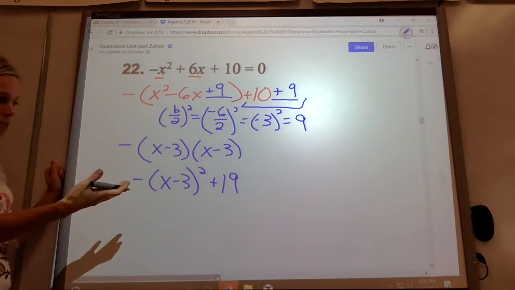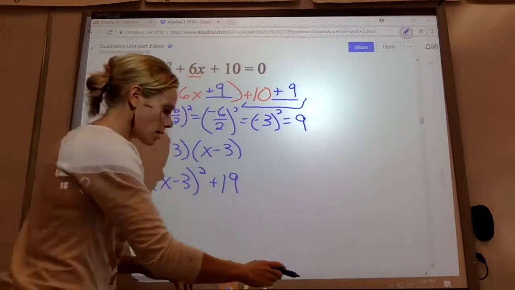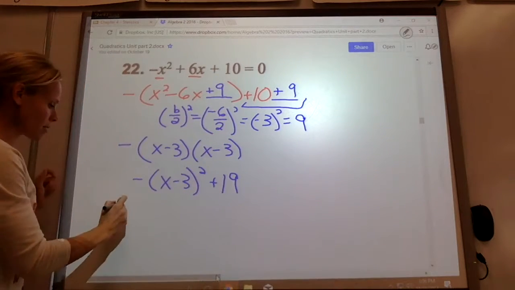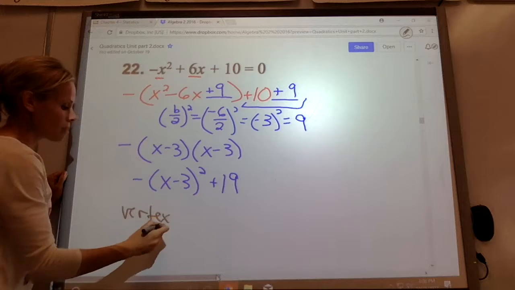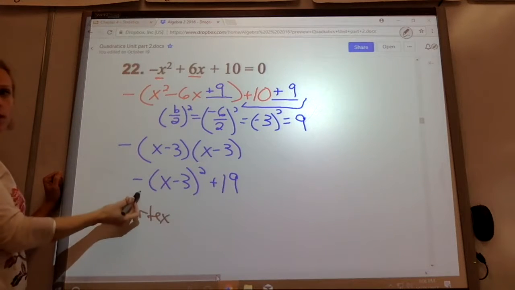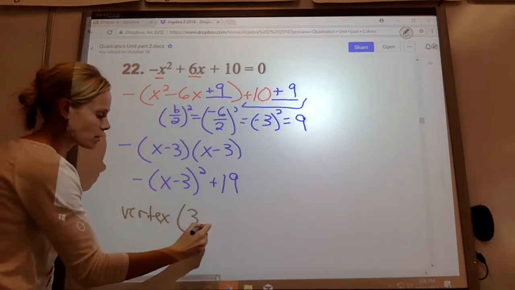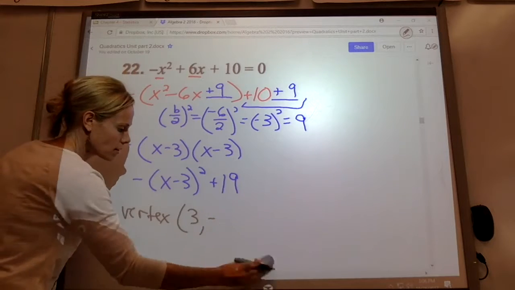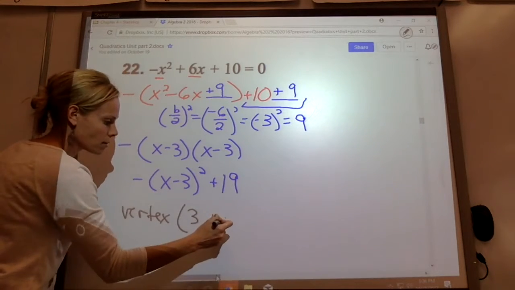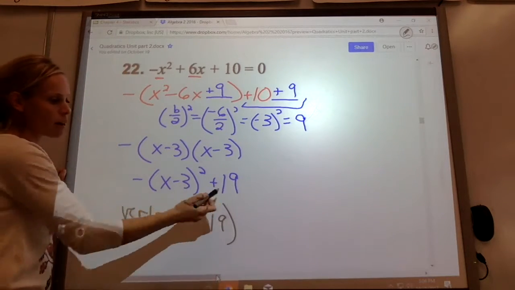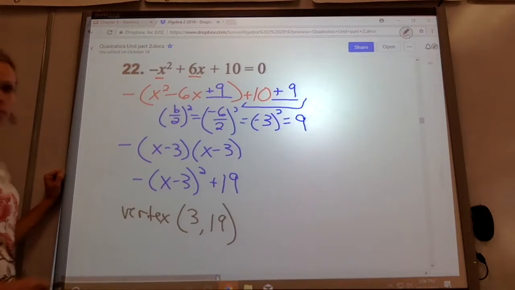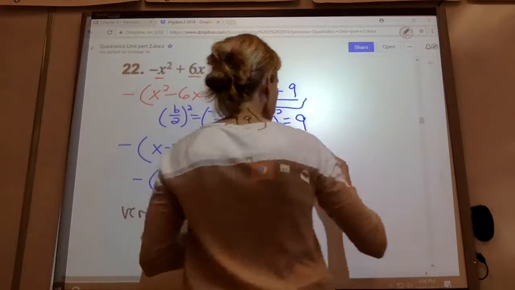And then it's vertex form. And then I can do, okay, what's the vertex? This one's going to be a maximum because it opens down. And my vertex is going to be 3, 19, not negative 19, because I went 3 to the right, 19 up.